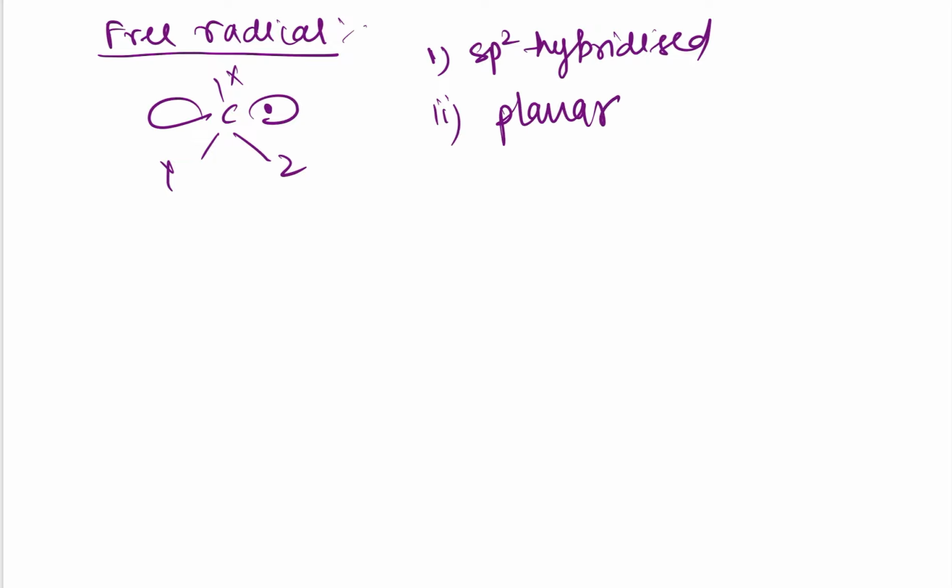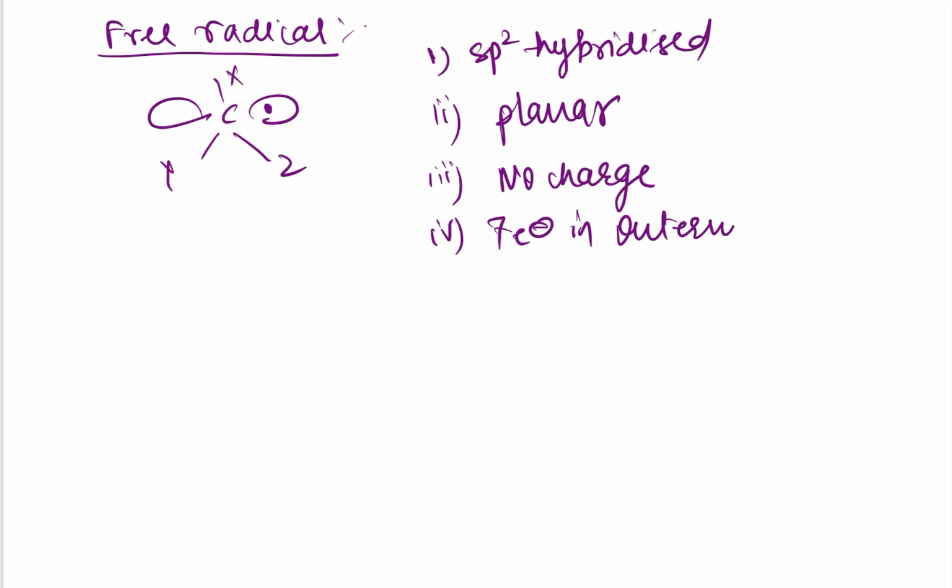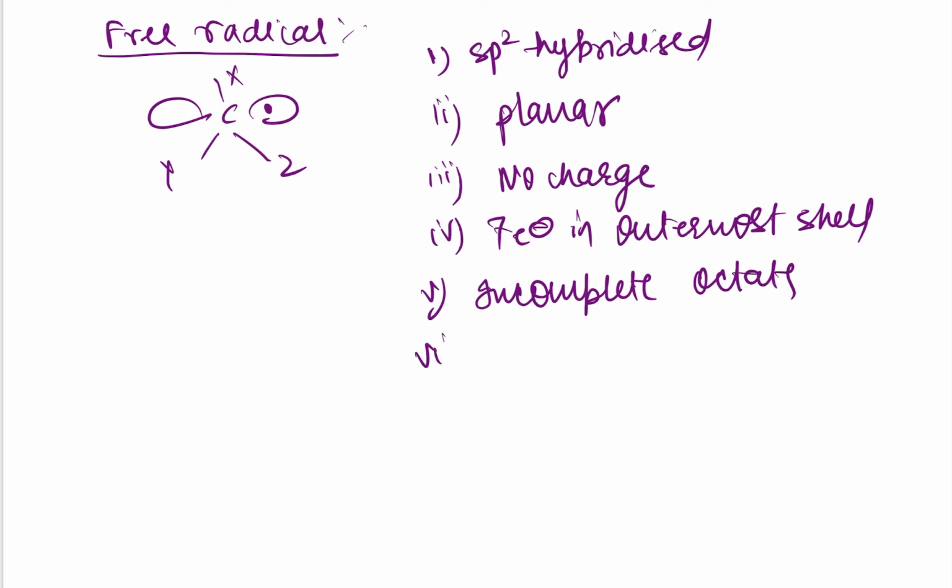And this is an odd electron species, and you might have seen how we calculate the hybridization of odd electron species. Third, it has no charge; fourth, 7 electrons in the outermost shell; fifth, it has an incomplete octet; sixth, it is electron deficient.